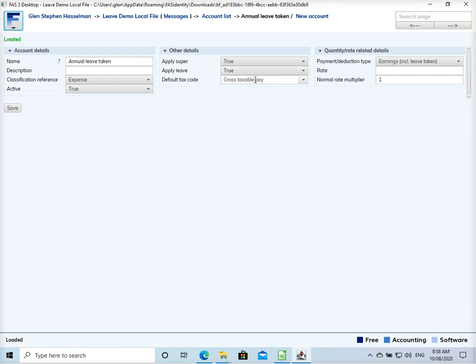Default tax code, I've just put gross taxable pay. So this is different in this setup to what I've described in the BASOF hosted files videos. In those videos, it will say there's a separate tax code set up for annual leave taken. If you follow those videos with a local file, that's fine.